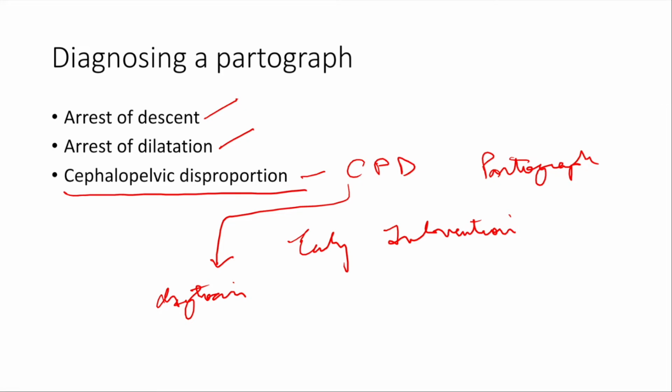So basically this causes a lot of fetal distress. Therefore this partograph helps us to diagnose CPD early, and we can have early intervention with an LSCS and not give oxytocin to augment the labor, thinking that the contractions are not adequate and that's why the head is not descending. So two very simple plots to diagnose arrest of descent.